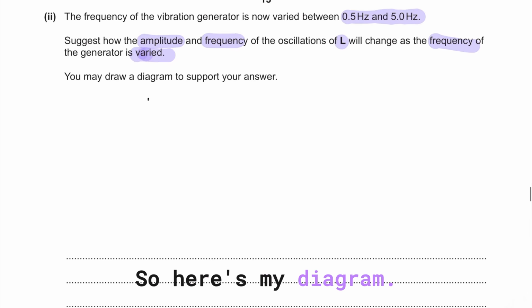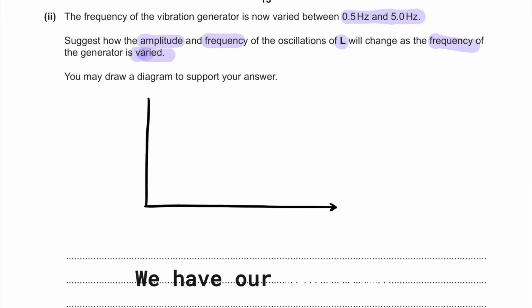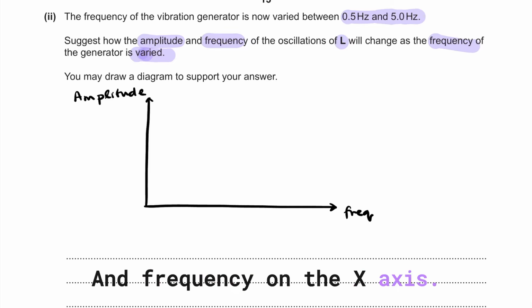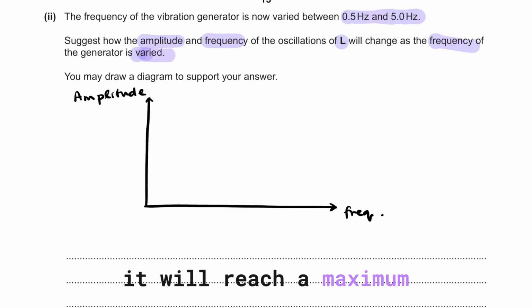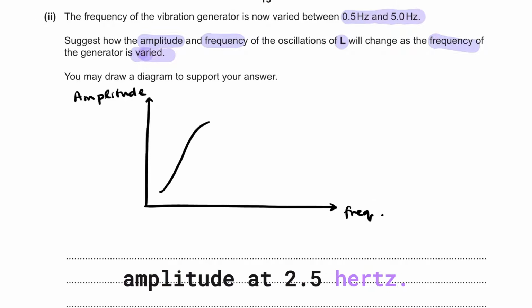So here's my diagram. We have our amplitude on the y-axis and frequency on the x-axis. As the frequency increases from 0.5 Hz to 5 Hz, it will reach a maximum amplitude at 2.5 Hz.